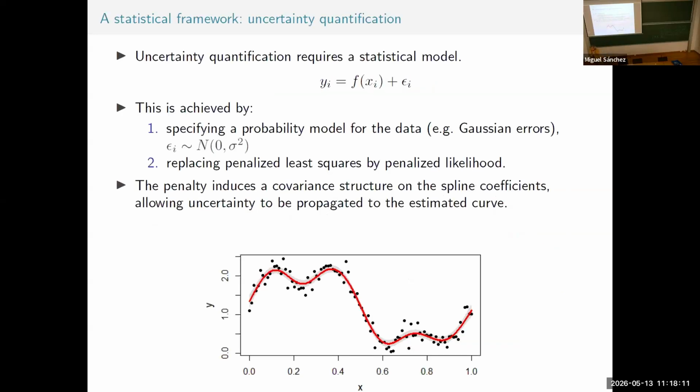Anyway, I am in general interested in uncertainty quantification. I will give you what I believe my true curve is, but I have to give you how sure I am about this. And that goes through assuming something about your error. Depending on the type of data, the assumption about the error is going to be different.